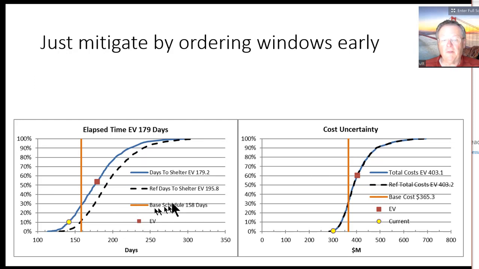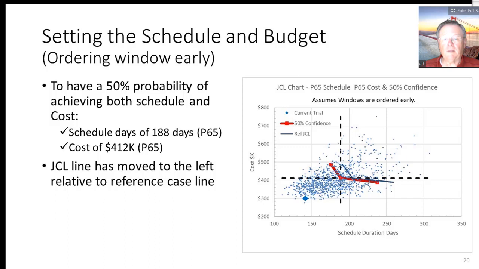And we can see here that the reference schedule of 196 days moves down to 179 days. And there is no change in the cost because we could say there was no cost to that particular mitigation. So then we can look at the updated JCL chart to have a 50% probability of achieving both the schedule and the cost.